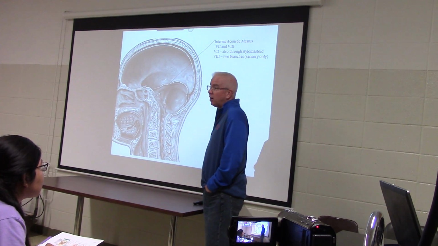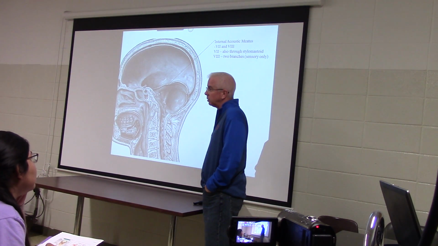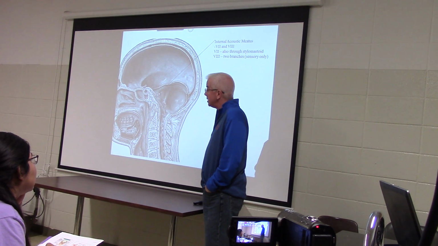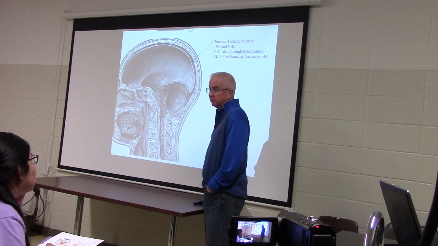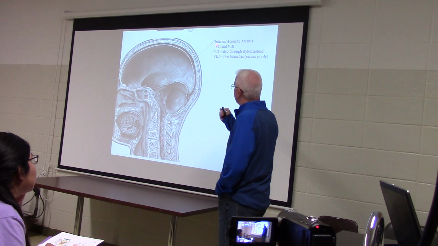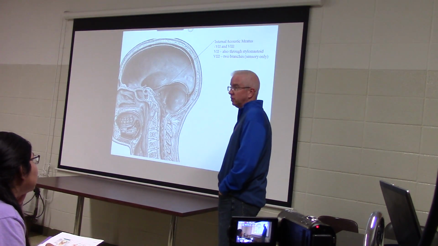And then it comes out in another hole in the temporal bone, so it stays inside the temporal bone, exiting by way of the stylomastoid foramen on its way to the muscles of expression. Okay, so this is the second time that you've heard the traversing of the 7th cranial nerve through the internal acoustic meatus.